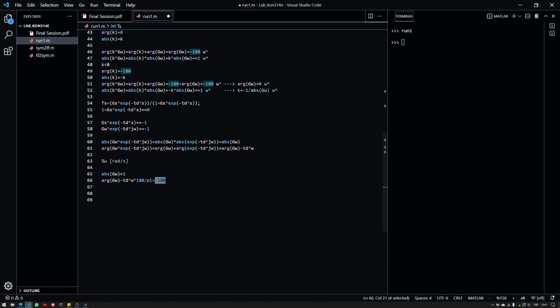So if td increases, so if delay is going up, we know that omega will go down in order to meet this requirement here. So if you have more and more delay, then this will happen sooner at a lower frequency.